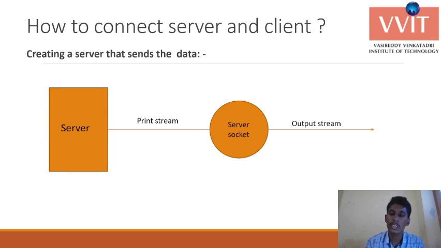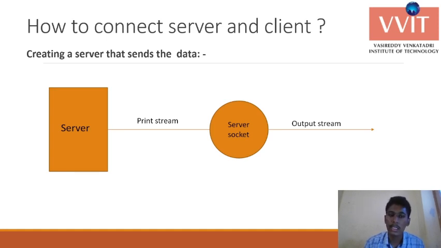For a server, the server socket is the endpoint, whereas for the client, the socket is the endpoint. So firstly we need to create a server socket with a port number, and we should wait until the client machine accepts the connection.